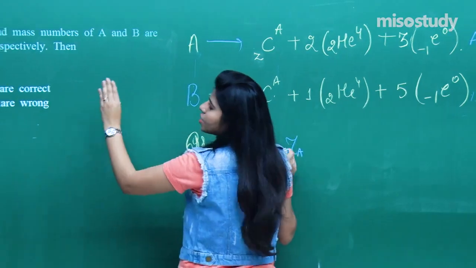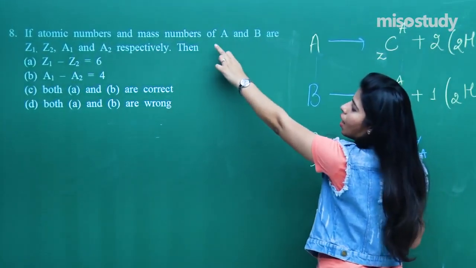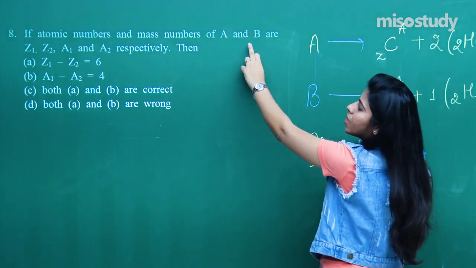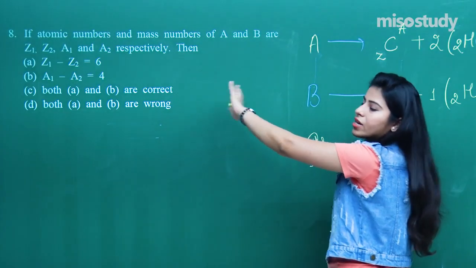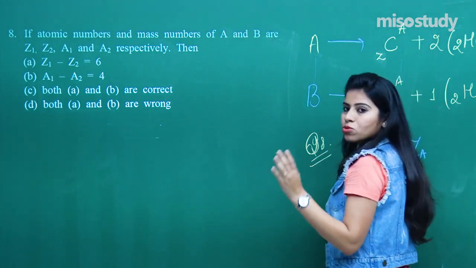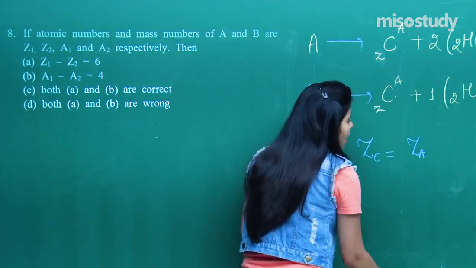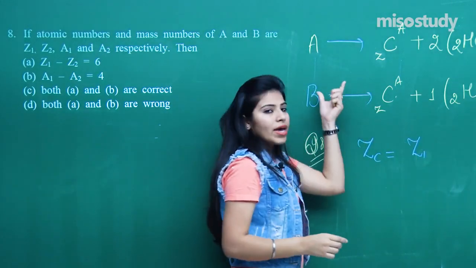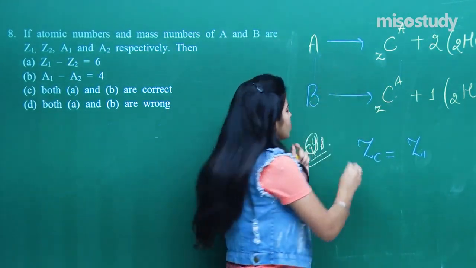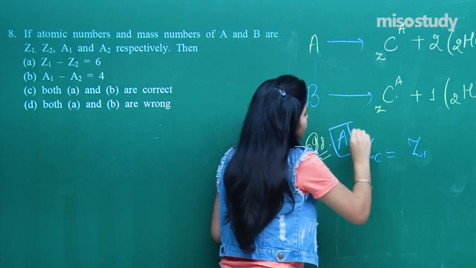Or you can write it as, because it has been given the atomic numbers and mass numbers of A and B are Z1, Z2 and A1, A2 respectively, so I will be using this term. So instead of A, I will be using Z1. We are now dealing with A. So let me just write for A.